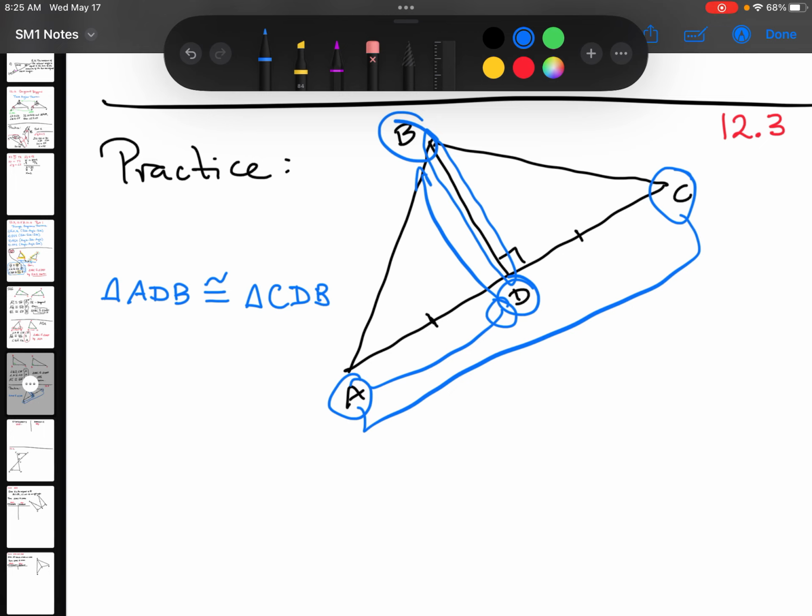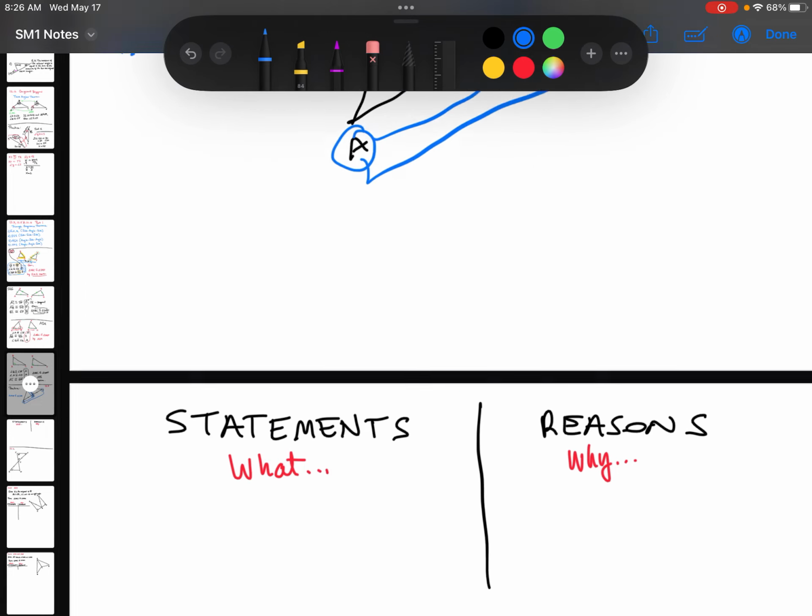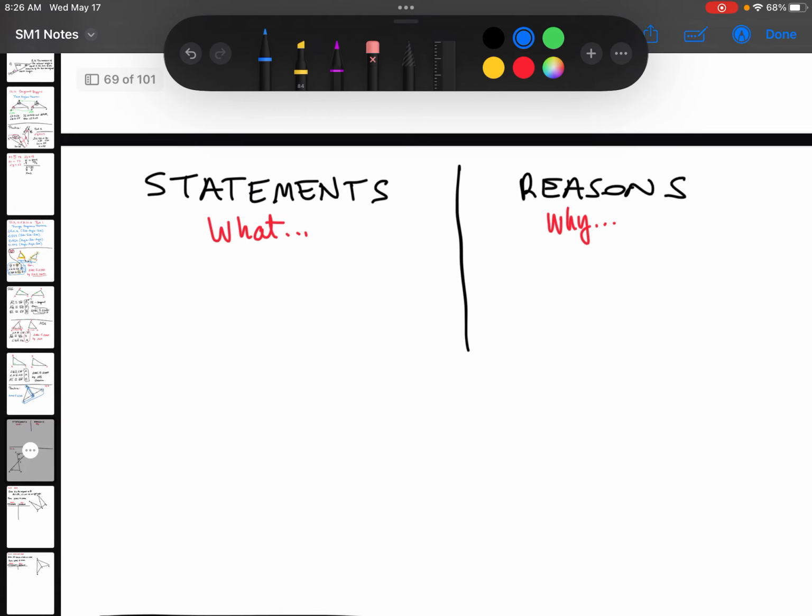I need to use supporting arguments, and this is going to be helpful for you guys because everything I say needs to be supported with something, right? Which means that we are going to do something like this. I'm going to say something, a statement, not necessarily an opinion.